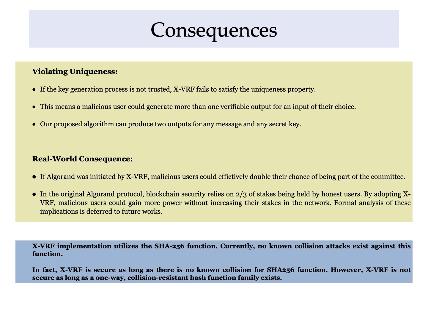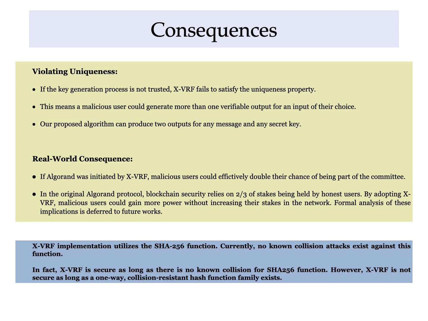In that case, X-VRF cannot satisfy the uniqueness property. This means a malicious user can generate more than one output for a given input, and our algorithm works for any secret key and any message. So we break the uniqueness of X-VRF, even if we use the same counter.